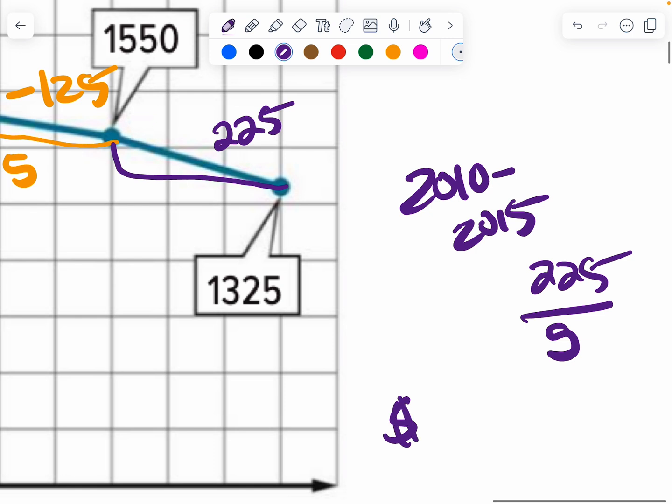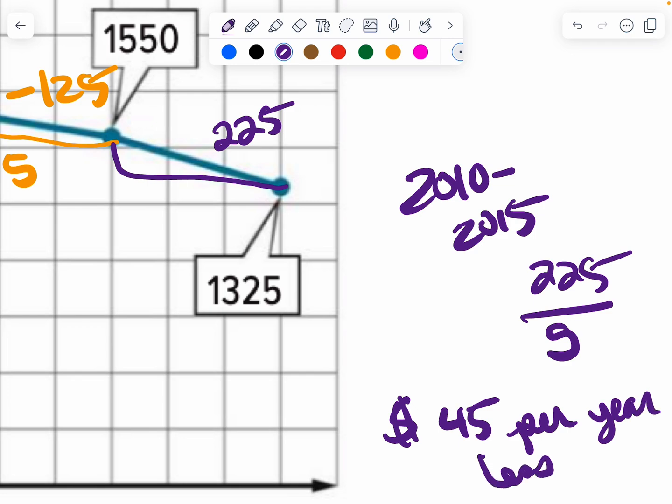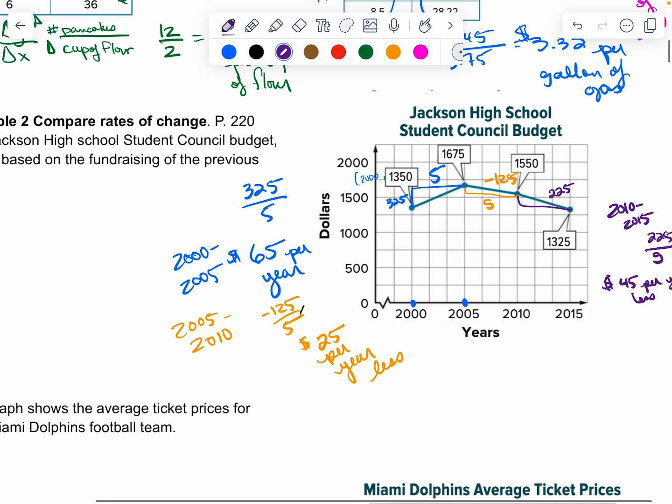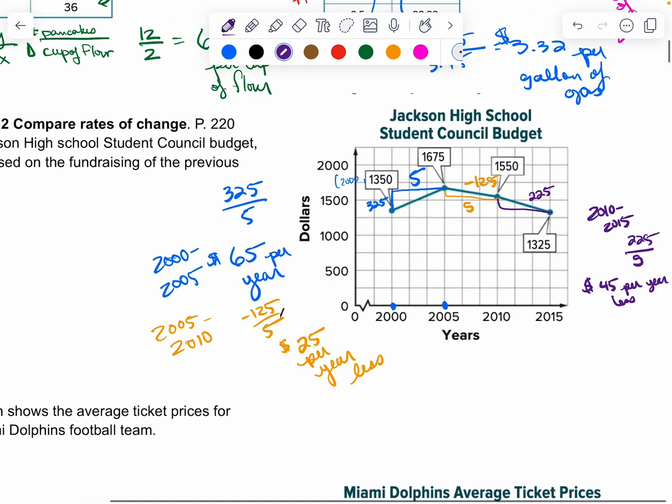Okay, so now it's $45 per year less. So they did really well getting $65 per year from 2000 to 2005, but then they went down $25 per year, and then now they're down $45 per year compared to year 2000.